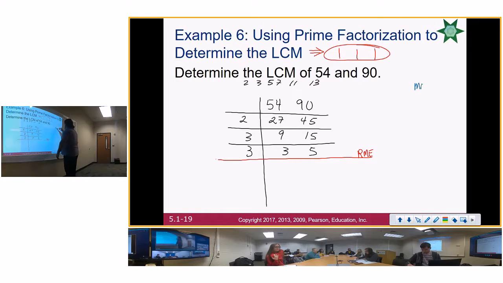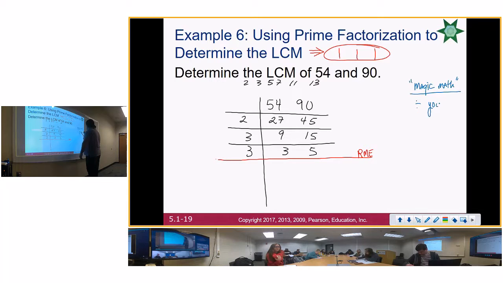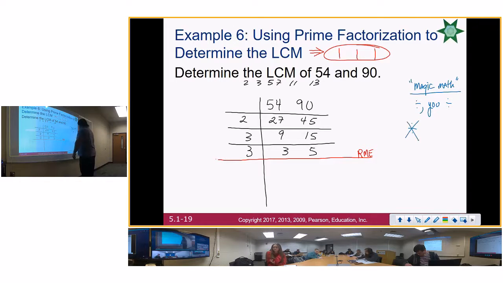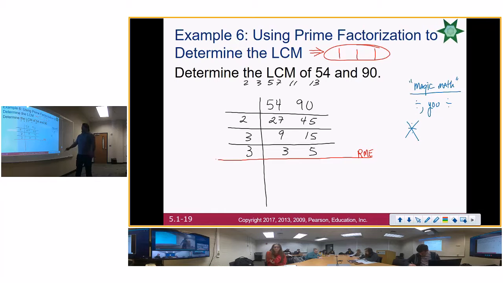Magic math, in quotation marks. If you can divide evenly, you divide. If you can't divide, you bring down.